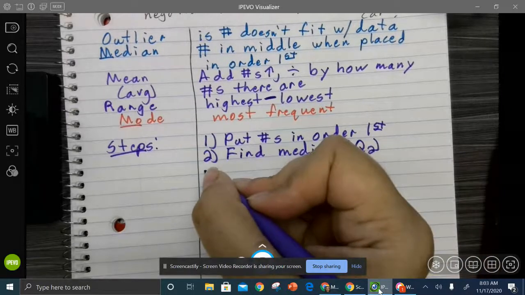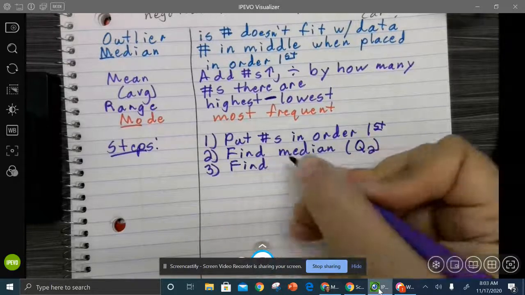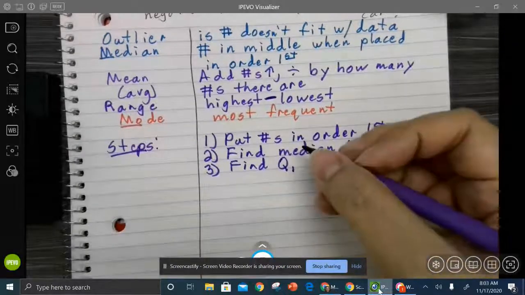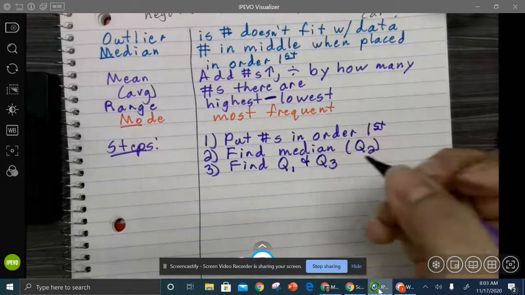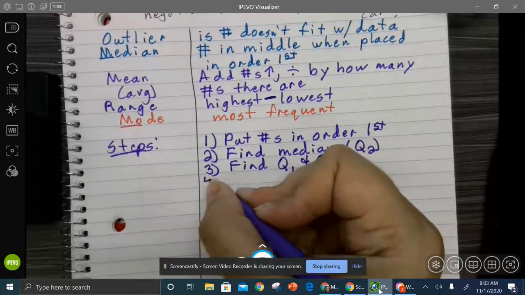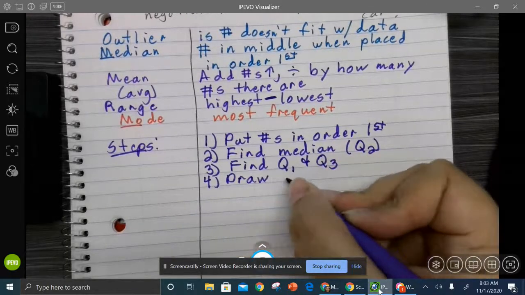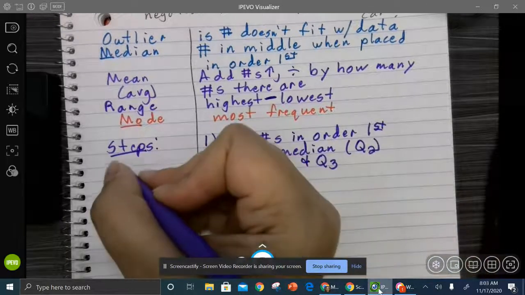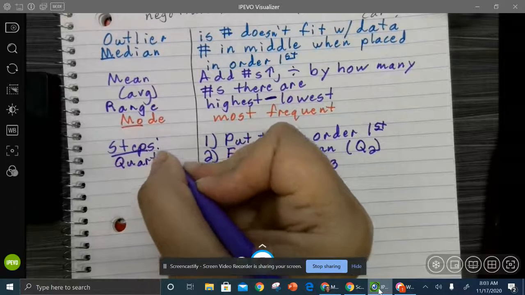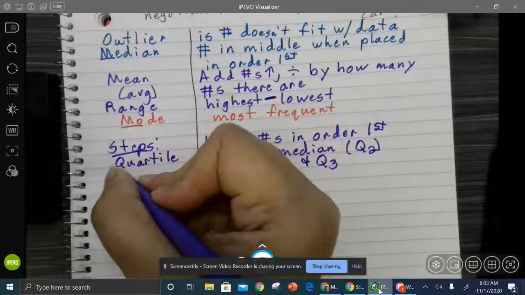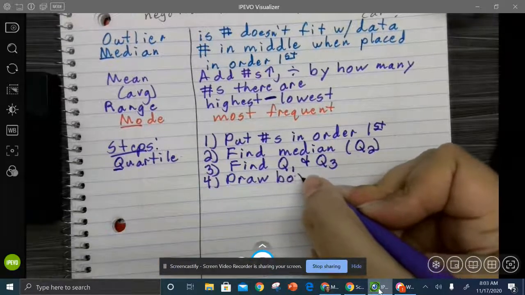And then we're going to find quartile 1, so 25% of the data, and quartile 3, which is 75% of the data. Then we're going to draw our box and whisker plot. That Q stands for quartile.